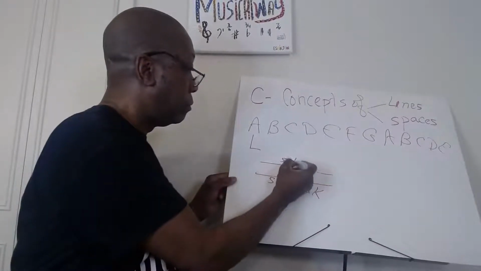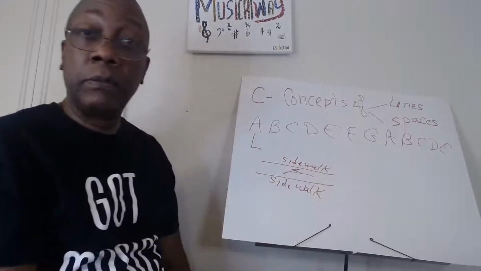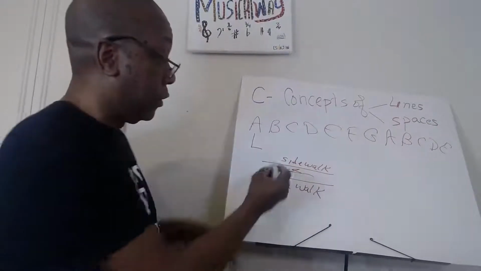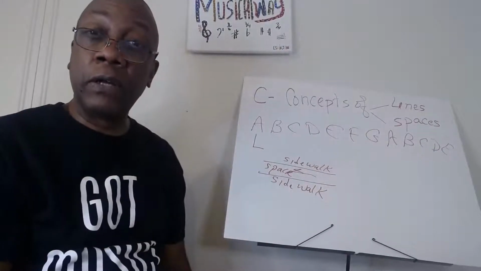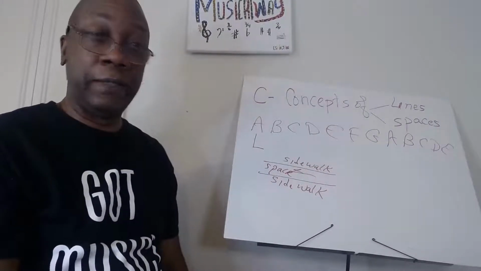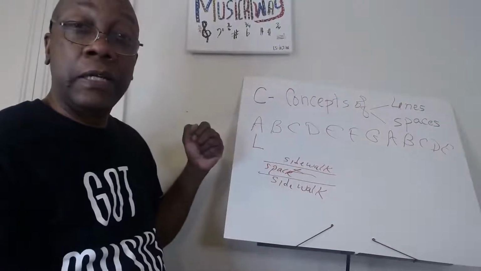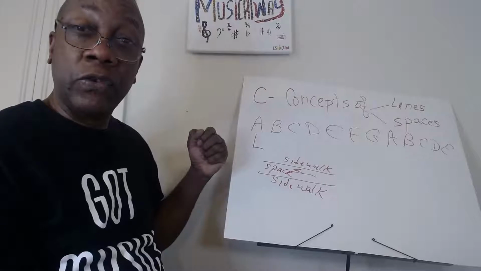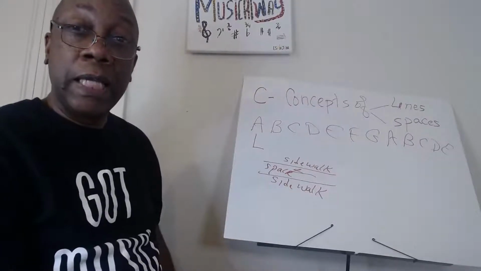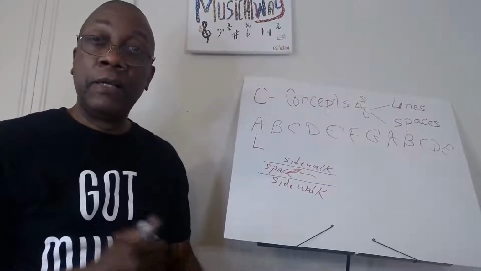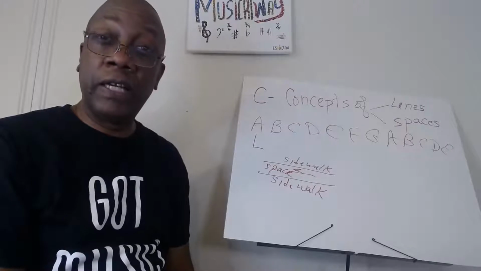No. I have to cross the street. So the street is a space between the two sidewalks. And that's what happens in music. If A is a line and I need to go to the next line, I have to skip a space. And if you understand that, reading your notes will be very simple.